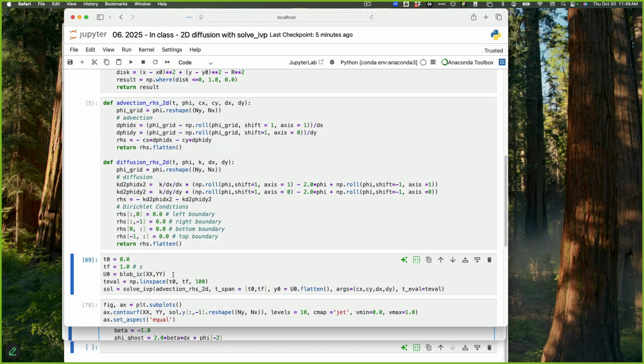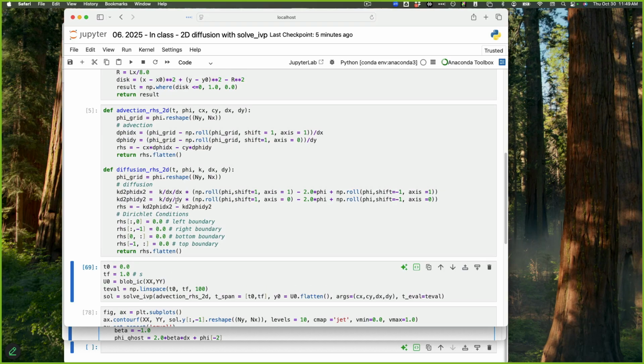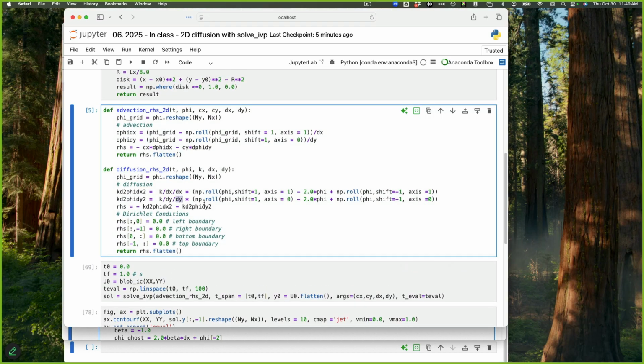Professor? Yeah. For the k d squared phi dy squared, would the shift be -1 for the first part? No. So remember, there's the phi i plus 1 and phi i minus 1 that are added. Phi i minus 1 corresponds to shift 1, and phi i plus 1 corresponds to shift minus 1. Now, it doesn't matter because they're symmetric. So if you put the first one shift minus 1 and the last one shift plus 1, it doesn't matter because it's phi i plus 1 minus 2 phi i plus phi i minus 1 or vice versa, right?